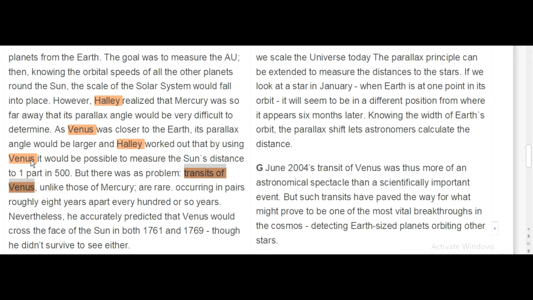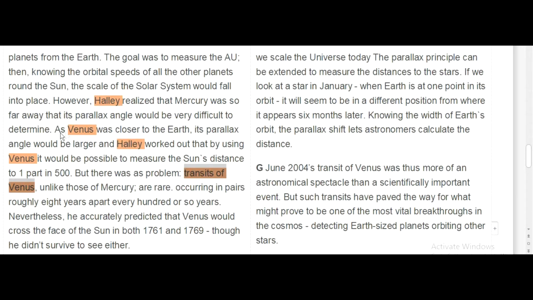So let's go ahead and read this. I am going to read from here because I think this might be our matching sentence, and here we have most of our keywords, Halley, Venus.